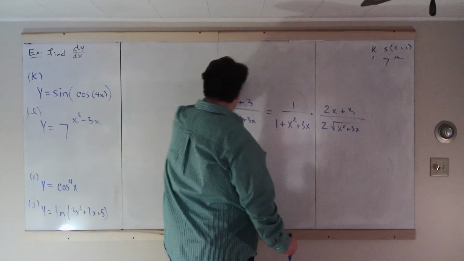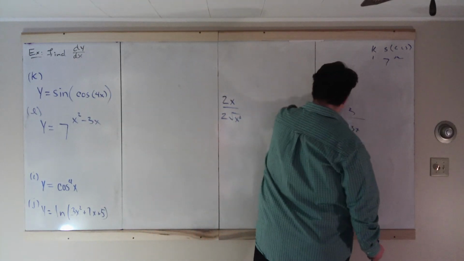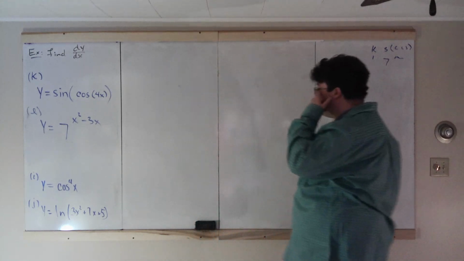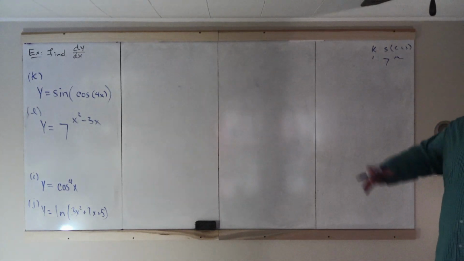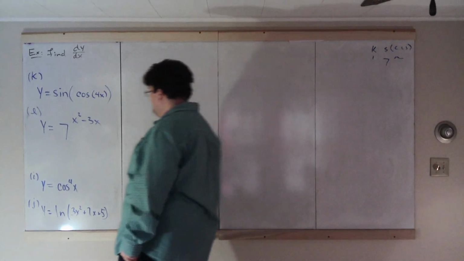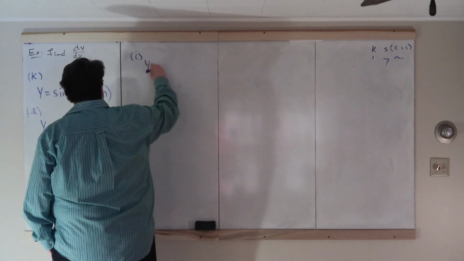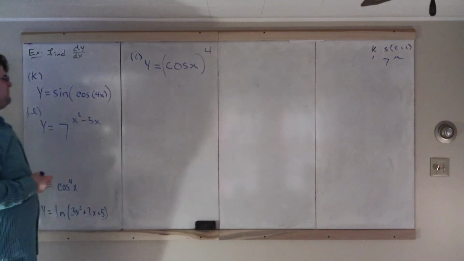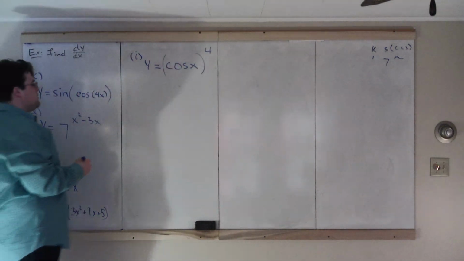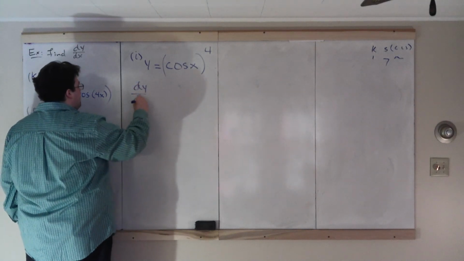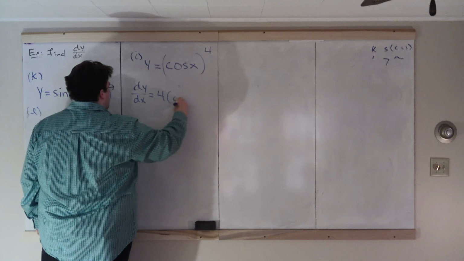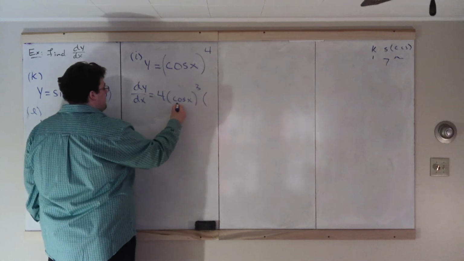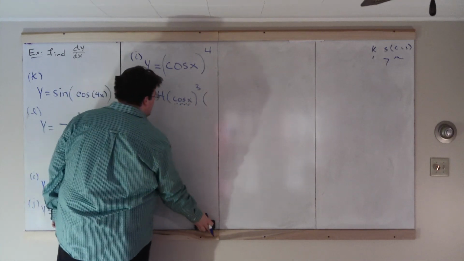So now let's do I. What do we have? We have cosine to the fourth. What is cosine to the fourth? It's cosine x all to the fourth. How do we take the derivative of a function to the fourth? Well, we do 4 of them cubed, and then we multiply by the derivative of the inside.